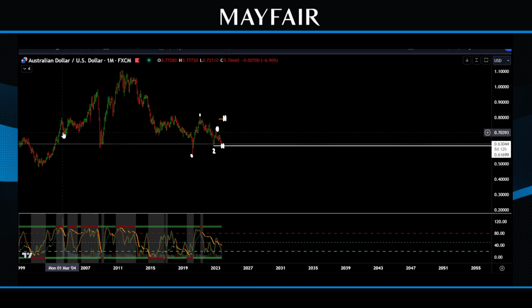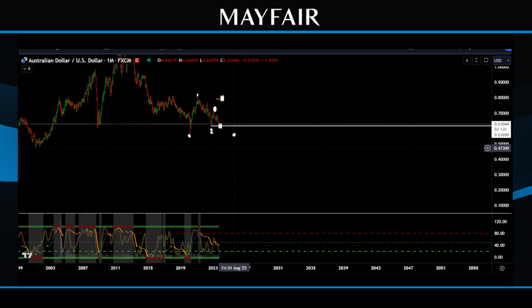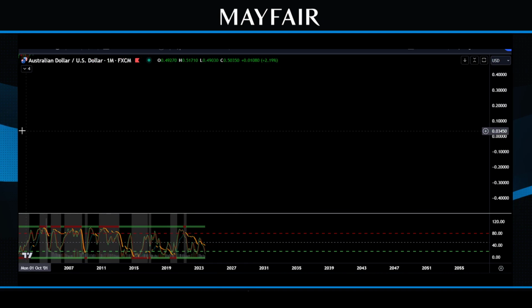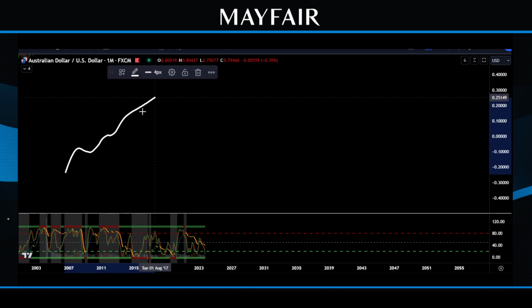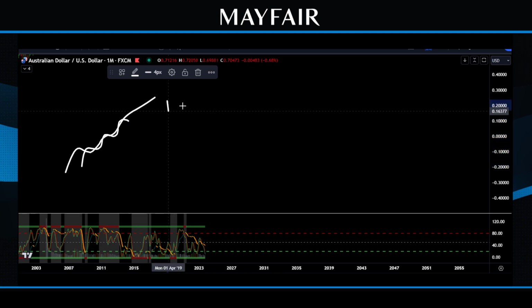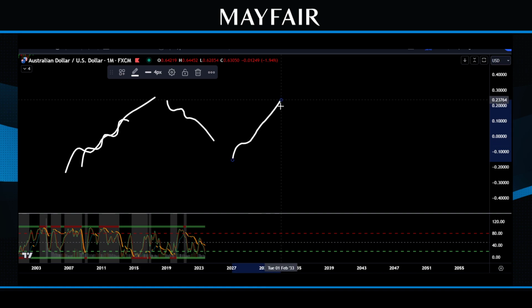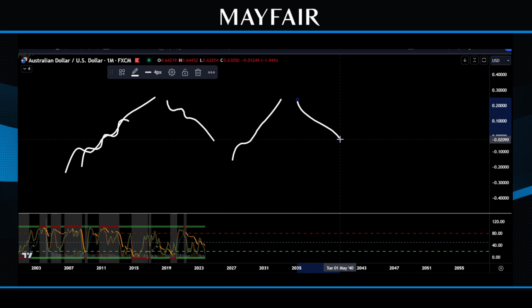What used to happen, and this is where it's become an awful lot harder over the last 2 to 3 years, was you had things like Aussie dollar doing this, New Zealand dollar doing this, maybe Euro USD doing this, maybe GBP JPY doing this, Euro JPY doing this, right? A lot of these moves were completely independent of each other.